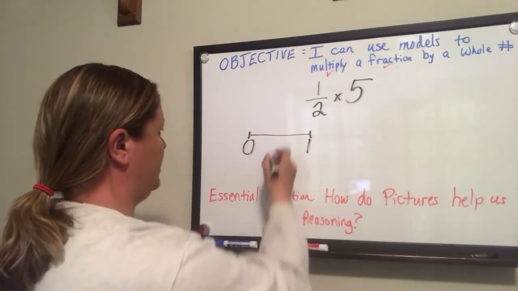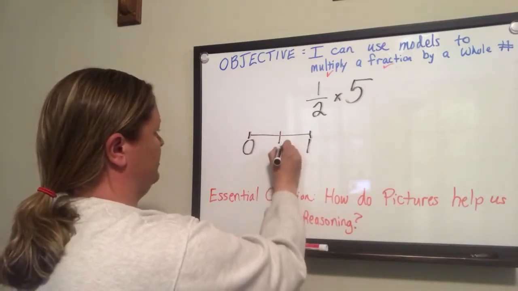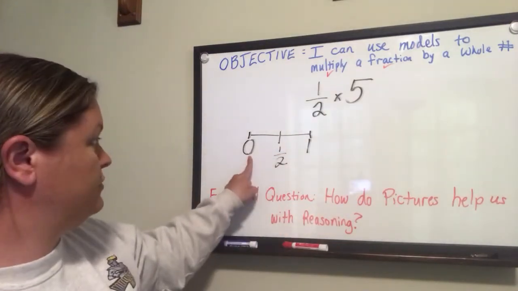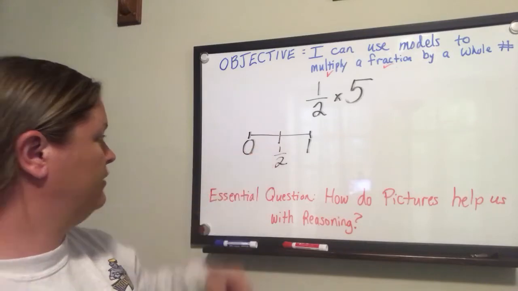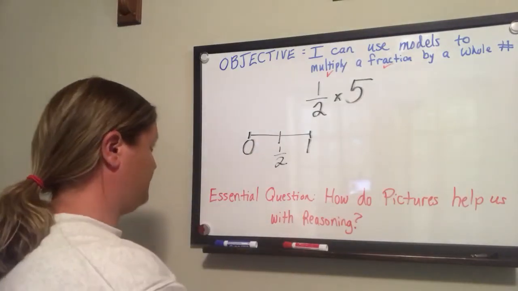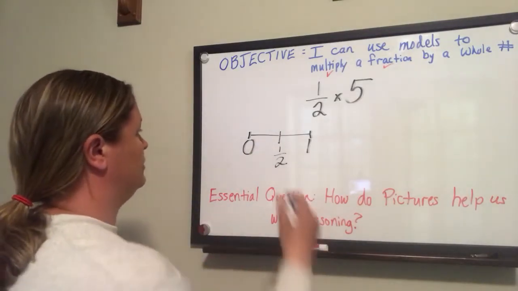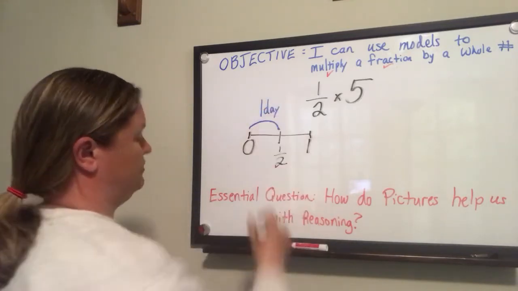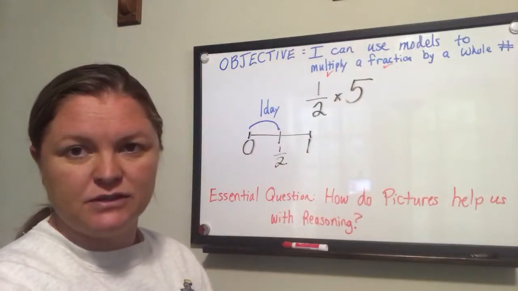So for 1 day, I only made it here. Okay? For 1 day, I went from 0 to here. So that's day 1. So here's 1 day. But I need to do this 5 times.